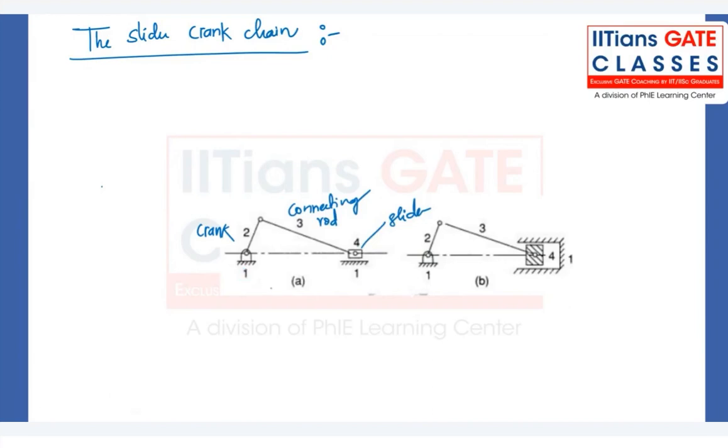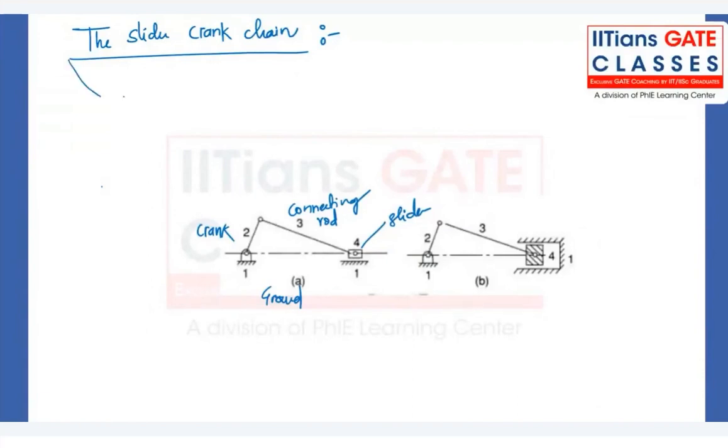Figure B is a slightly more sophisticated version of it, where link 4 is a piston and link 1 is part of the cylinder, you can say. So this is the first inversion.